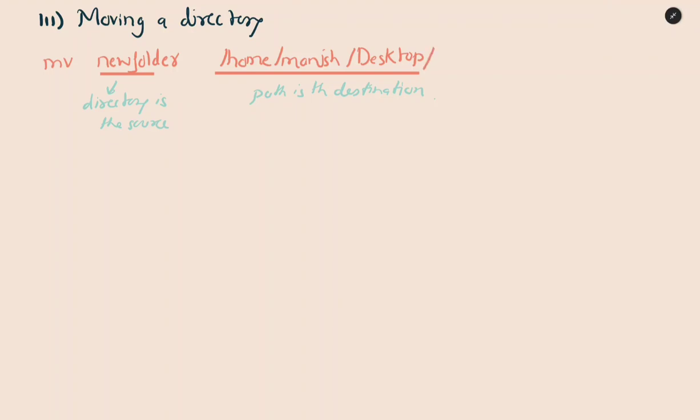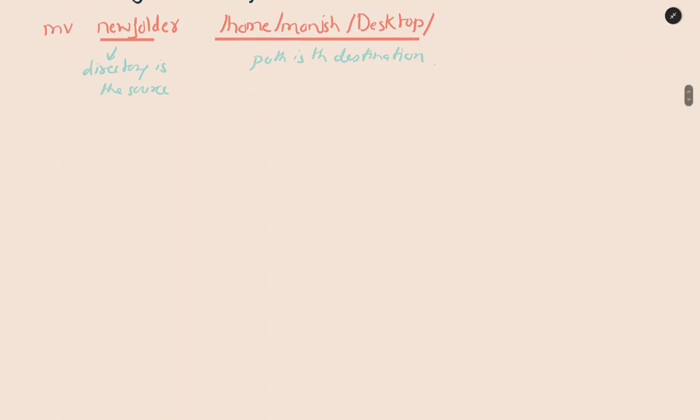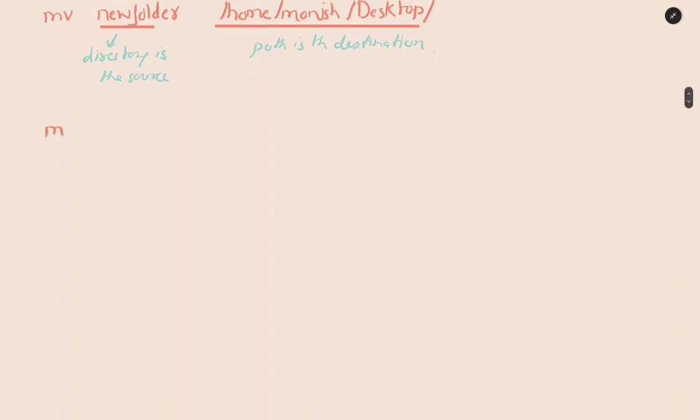Now suppose you want to rename the directory while moving it. For that, just include the new name in the destination path. For example, let's say mv new_folder, the directory which you want to move, /home/manish/desktop/new_folder_new_name.